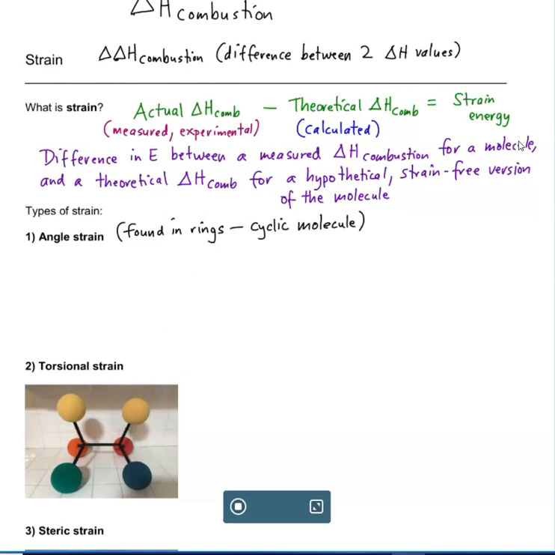What it is, is a deviation from an accepted or an ideal bond angle, and that depends on the hybridization of the central atom in the bond. So let's write that out and then think about what that means. So it's a deviation, and the deviation can be either positive or negative, from an accepted or ideal bond angle given the hybridization of the central atom in that bond.